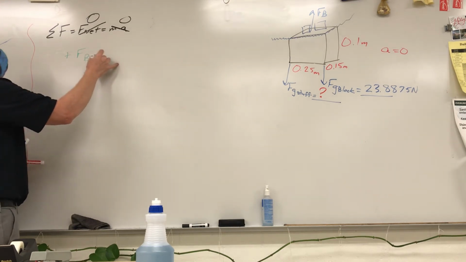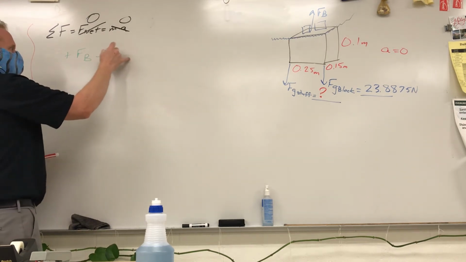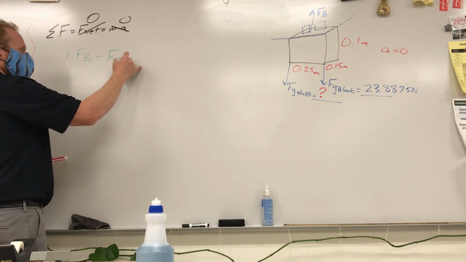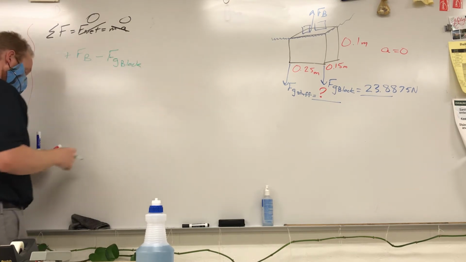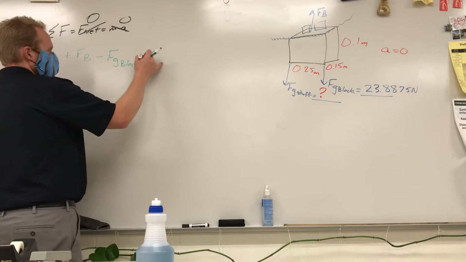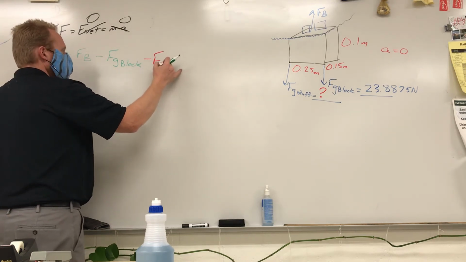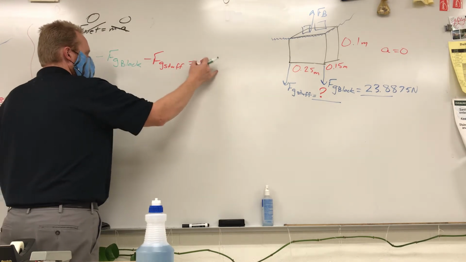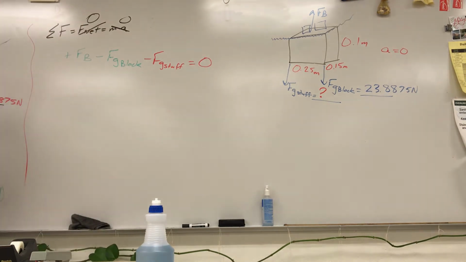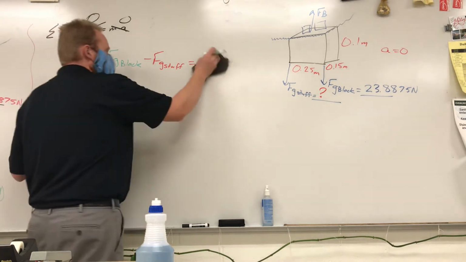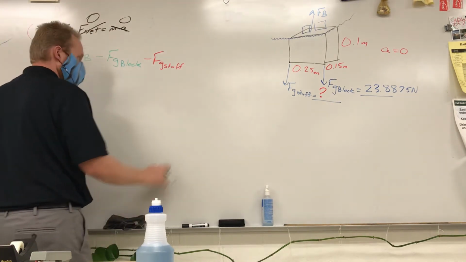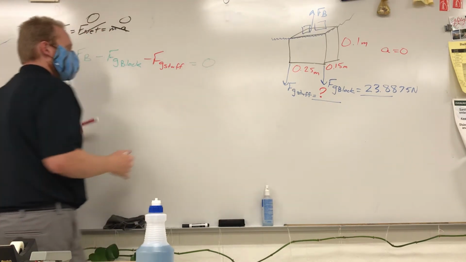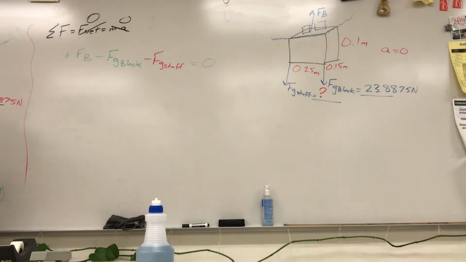I subtract my downs. I subtract my FG of the block, but I subtract all of my downs, so I have to make sure I subtract my FG of my stuff, and because that is not accelerating, we can set that equal to 0. My FG of stuff in red is the variable himself.